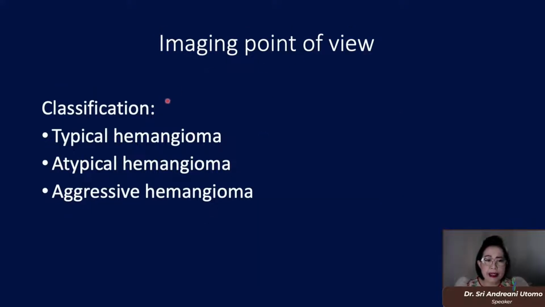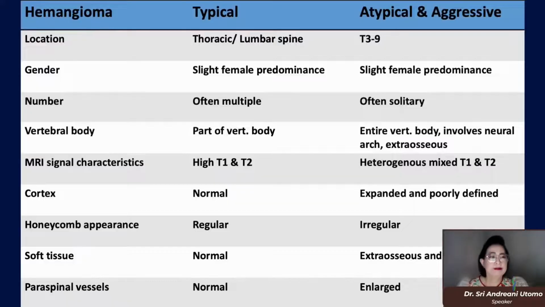Now, how about the imaging point of view? We have a classification for spinal bone hemangioma: typical hemangioma, atypical hemangioma, and aggressive hemangioma. Now, what is the difference between typical and atypical, also aggressive hemangioma?